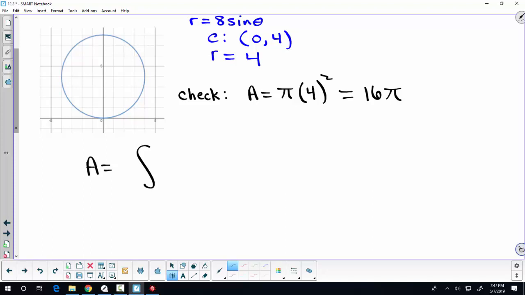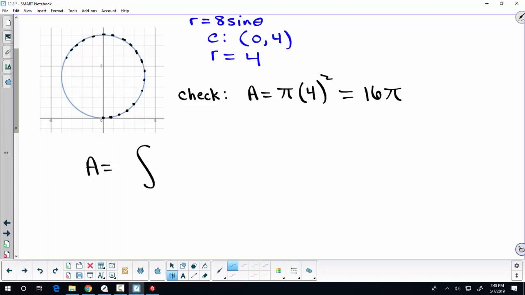Okay, so when we're given the integral of this from this theta to this theta, is that from the origin or the center of the circle? That's a good question. You have to look at this circle and try to envision how it unfolds. And if you can't, then maybe you need a table of values.